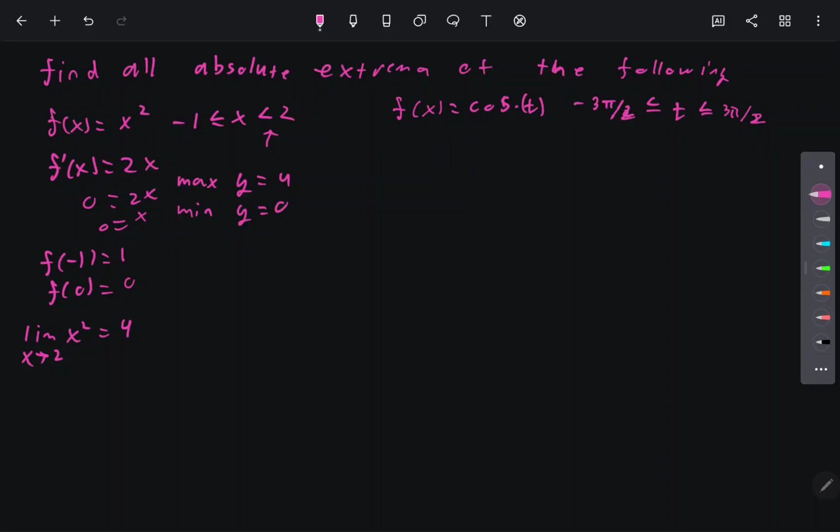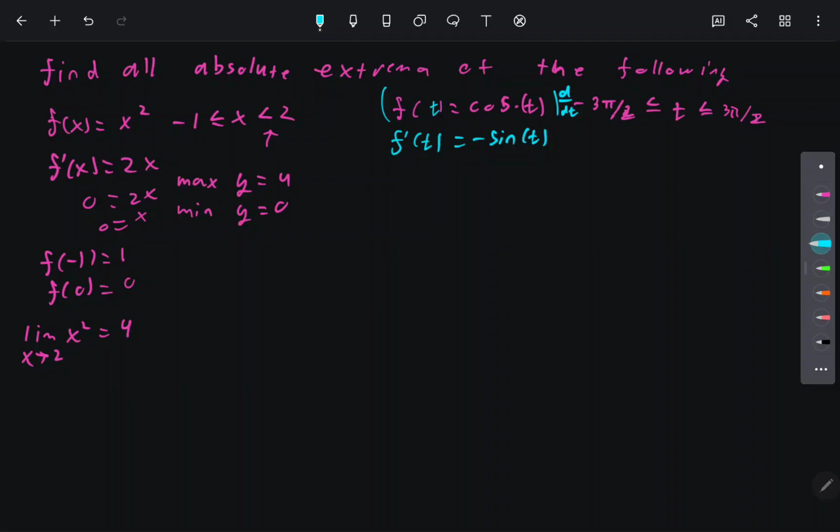Alrighty, for this next one, we have f of x is equal to cosine of t from negative 3 pi over 2 to 3 pi over 2. Very interesting interval there. So what we start out by doing, we take the derivative, and I suppose this is supposed to be a function of t, not x. Alright, so we get negative sine of t is equal to f prime of t.